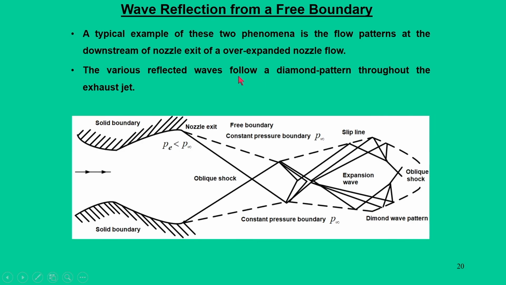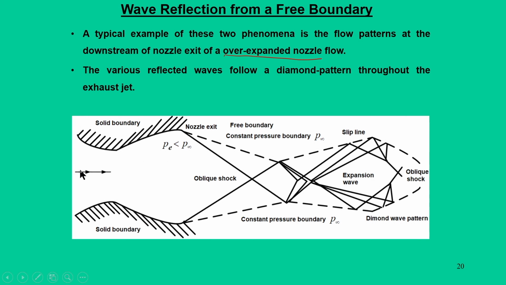A typical classical example of wave reflection from a free boundary is an over expanded nozzle flow. Down the line we will discuss nozzle flow, and over expanded nozzle flow means that we have the condition Pe is less than P infinity.